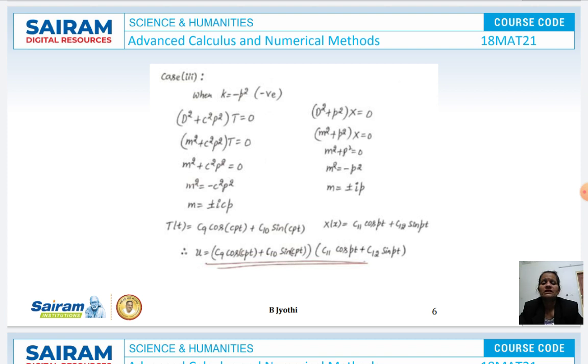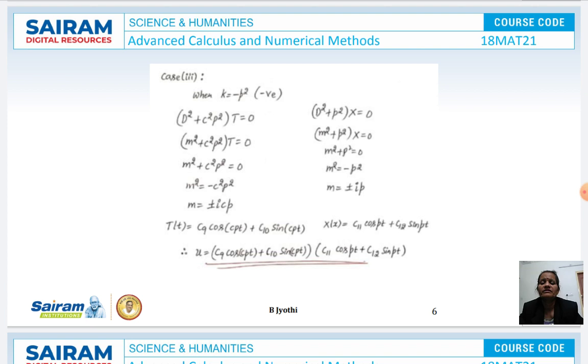That is, m² plus c square p square equals 0 and m² plus p square equals 0, which gives m² is equal to minus c square p square and m² is equal to minus p square, so m is plus or minus icp and m is plus or minus ip.